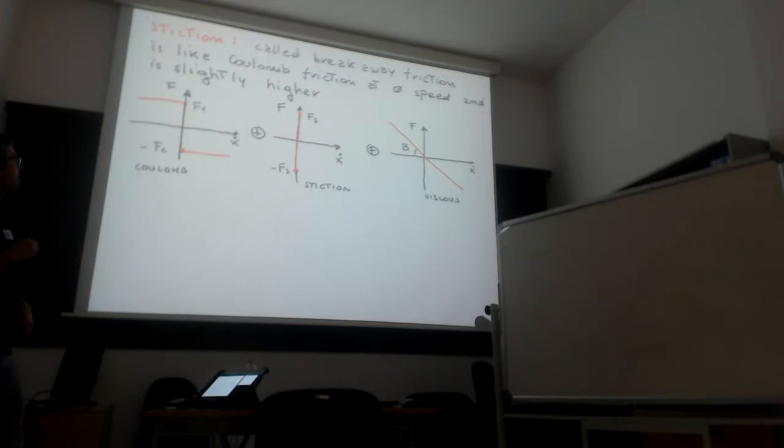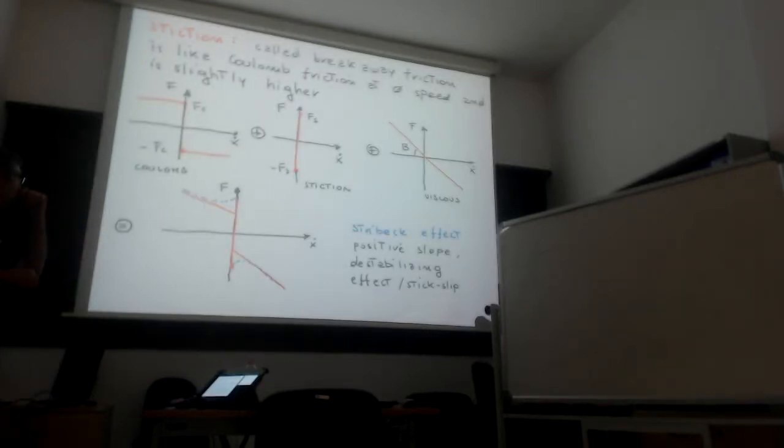So we see here the Coulomb friction changes sign when the velocity changes sign, and here at zero speed we have the stiction, which is slightly higher, while the viscous friction is proportional to the velocity. If we sum up these three things, we get a plot like this for the whole friction force, and this connection here is called the Stribeck effect.